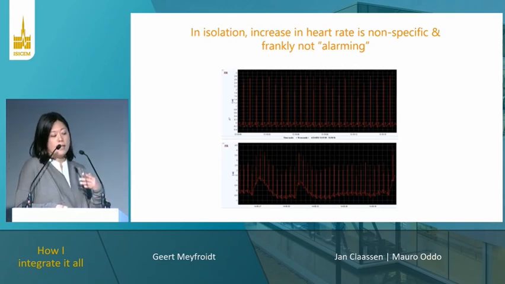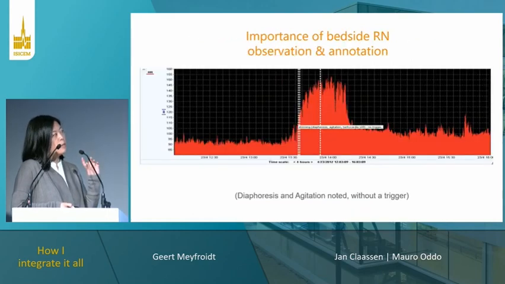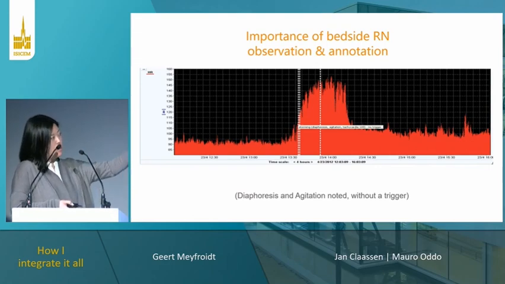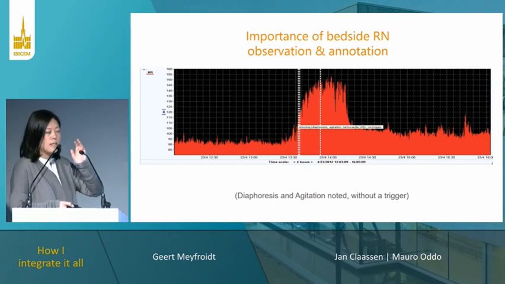So in isolation, an increase in a single vital sign may not be very specific, and frankly, it's not quite alarming in the true sense. You can see elevated heart rate certainly all the time. And if you're walking by a room and you see the top and several hours later you see the bottom, it may not jump out at you as being something very specific, like a sympathetic hyperactivity syndrome. But if you were to simply look at it in the reverse of 1/RR interval, which is heart rate, but looking at it not as the EKG, you clearly see that this is an elevation and is very singular and very sudden.